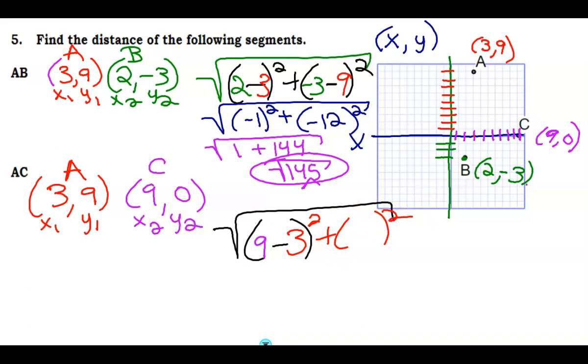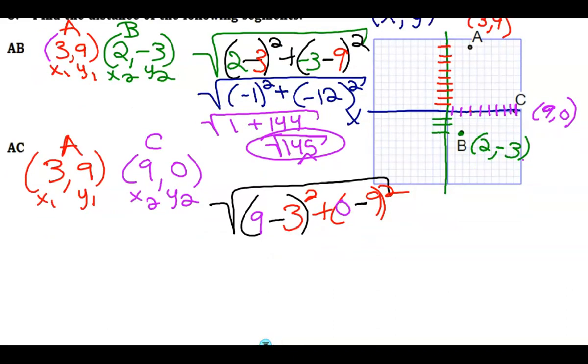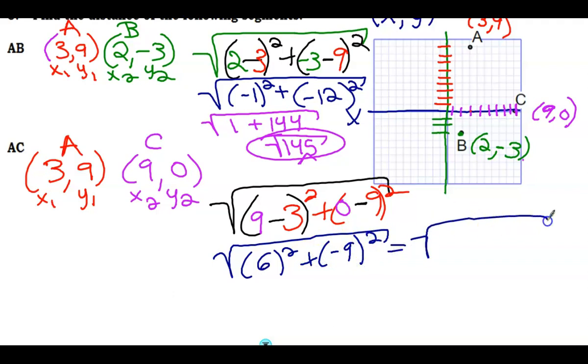So these are my x values, and now my y values. Now I add them together.